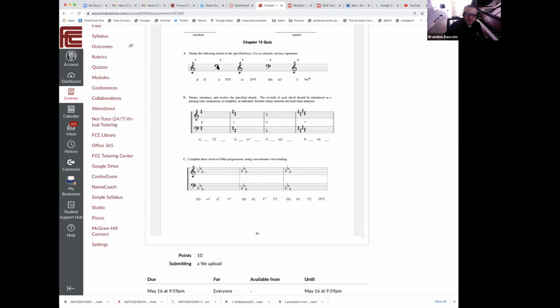Notate seventh chords. Good prep for your final. More of this from your workbook. And complete these circle of fifths chord progressions. So there you go. Questions, comments, concerns on that?